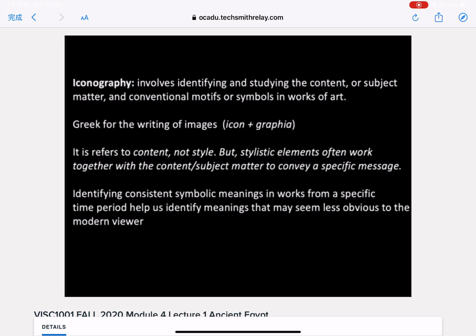And the idea here is that a particular art historical period or a particular geographical region or a particular culture will use a shared repertoire of iconographic symbols.